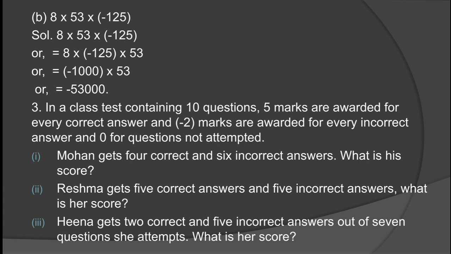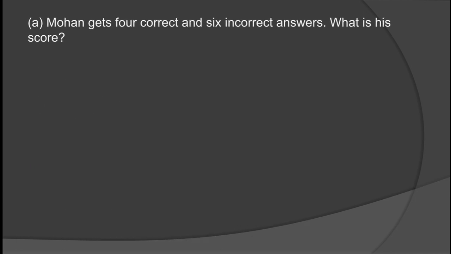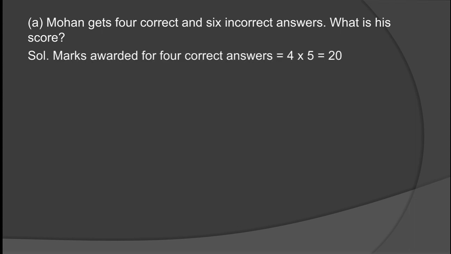So let us solve each of these parts one by one. In our first part it is given that Mohan gets 4 correct and 6 incorrect answers. So what is his total score? We know that for every correct answer 5 marks are awarded, and for every incorrect answer minus 2 marks are awarded. So marks awarded for 4 correct answers is equal to 4 into 5, because each correct answer has 5 marks, that is 20 marks.